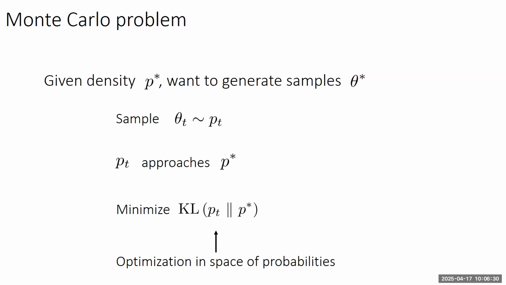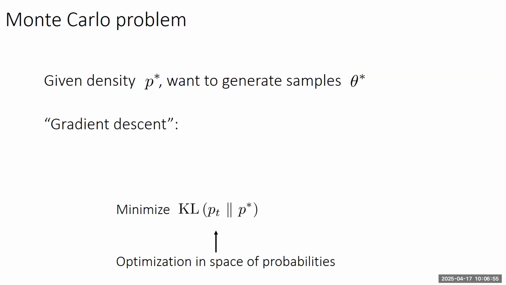So for an optimization problem with, let's say, a continuous structure, what's the first thing we think about doing? Variants of gradient descent. So first figure out what's the gradient of the KL divergence with respect to our argument, our current distribution.